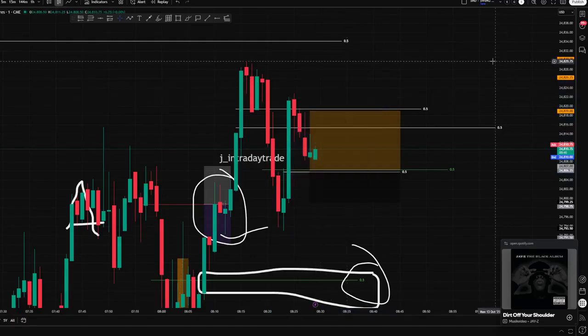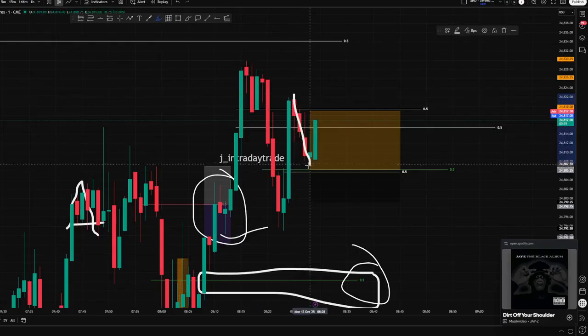I'm pretty sure that's what Huckle would be seeing in terms of a long, based on how he is trading, I would assume. But that's connecting the dots with the tick chart. So it's most likely going to stay stuck in here for a little bit of time.